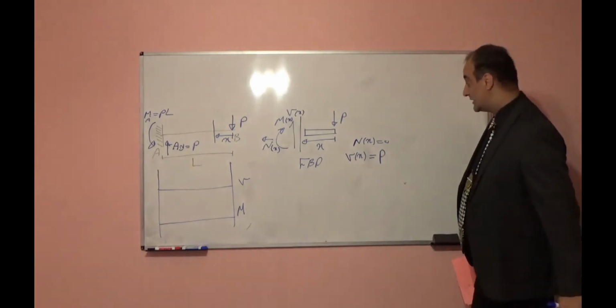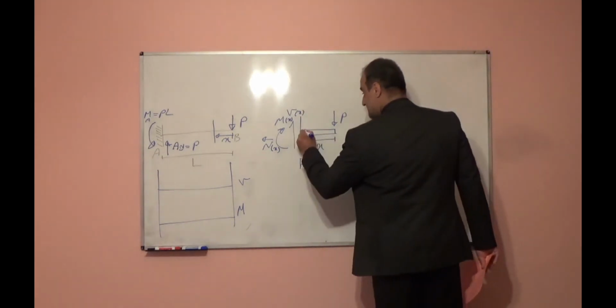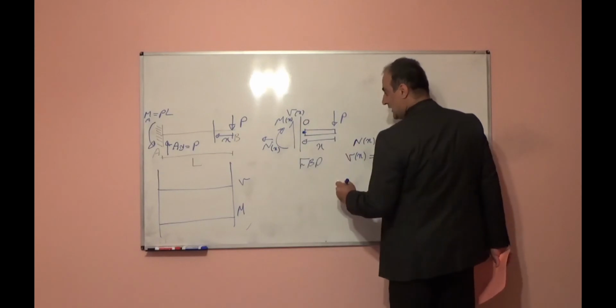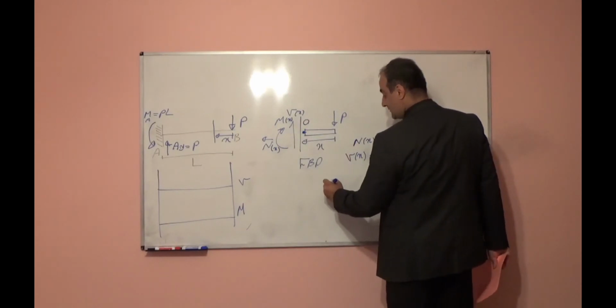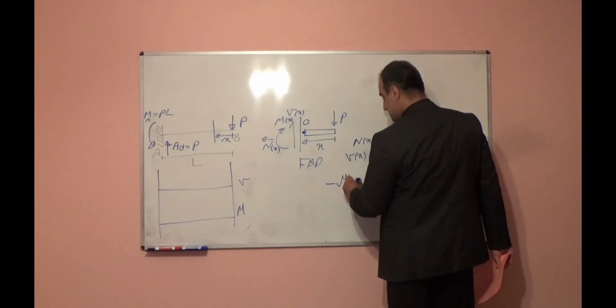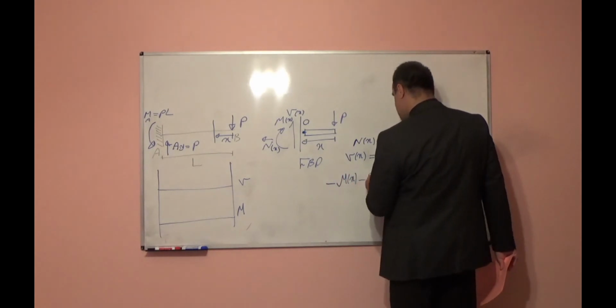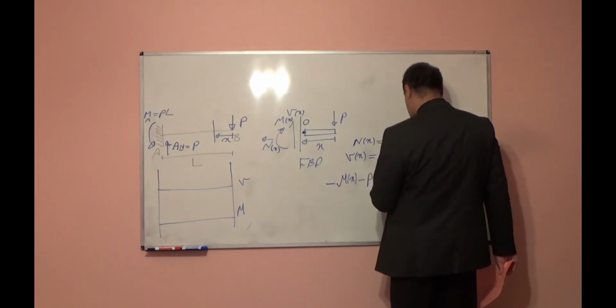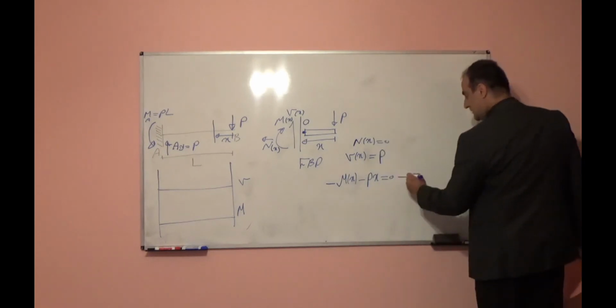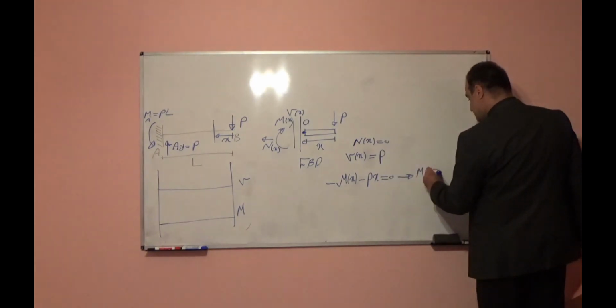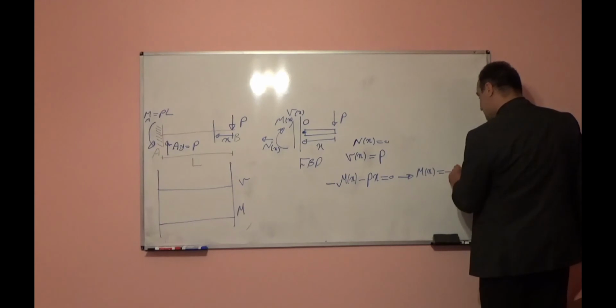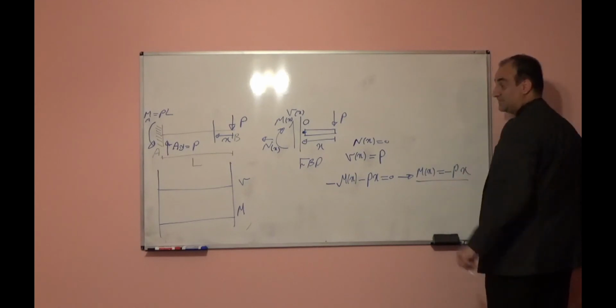Vx will be equal to P. If I take moment with respect to cut point O, I can write minus Mx minus P times x is equal to 0. From here, Mx will be equal to negative P times x.